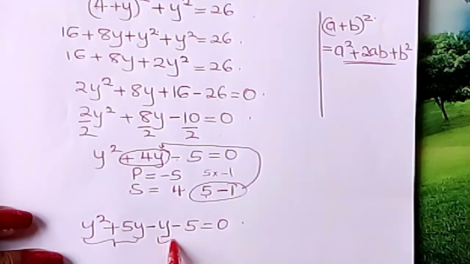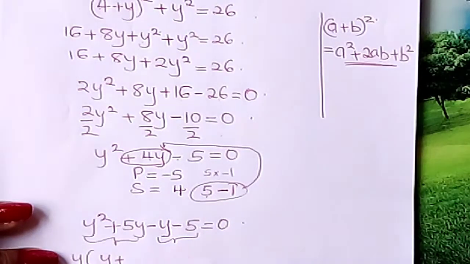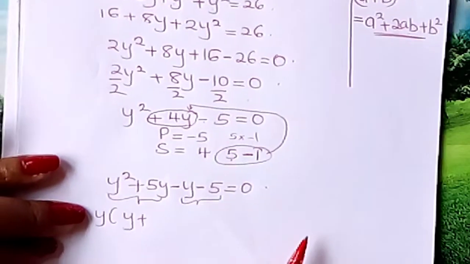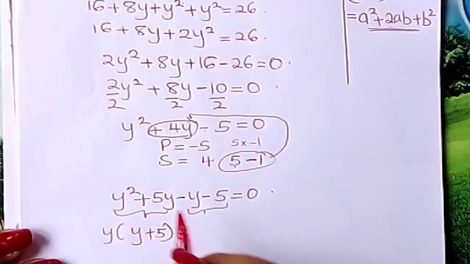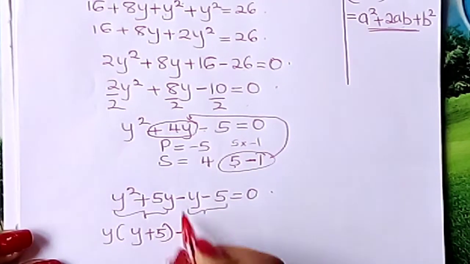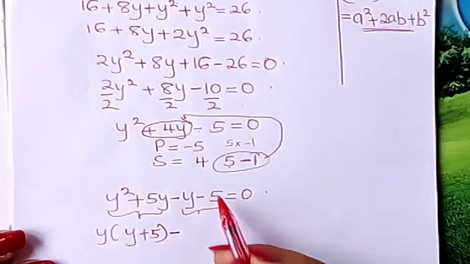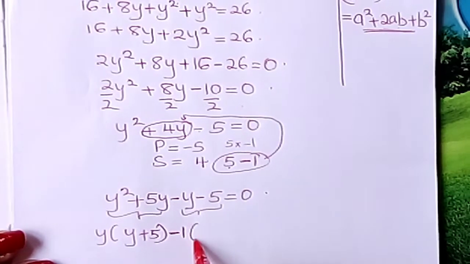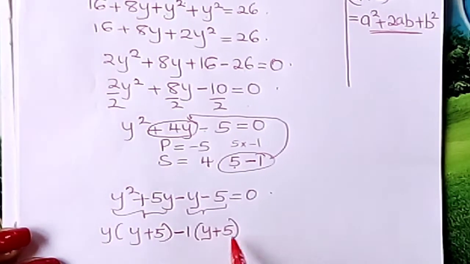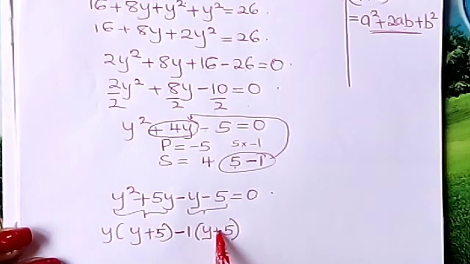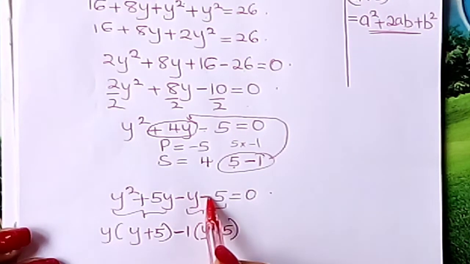Group this, make 2 groups like that. Factor out y: y(y plus 5). Then you put them in a bracket, then you say minus, there is a minus here, don't omit it. Y and 5, what is common? It's just 1, and therefore inside the bracket you'll be left with y plus 5. Take care of this, you don't write minus here. If you wrote minus, you'd say minus times minus is plus, yet the sign is minus.